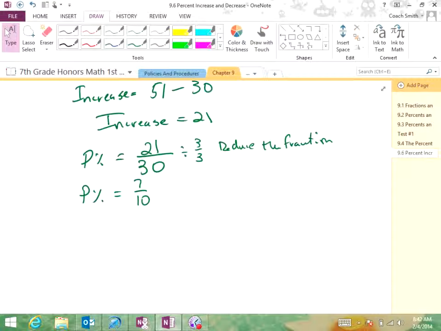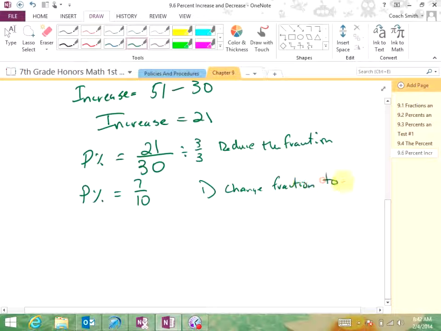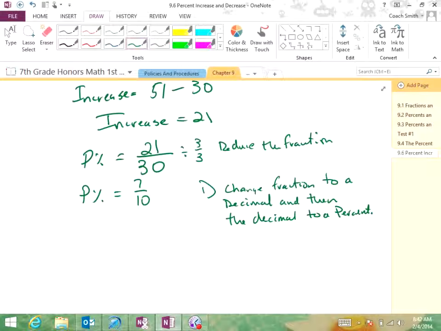Two different ways you can do it. Okay, number one is change the fraction to a decimal, and then the decimal to a percent.